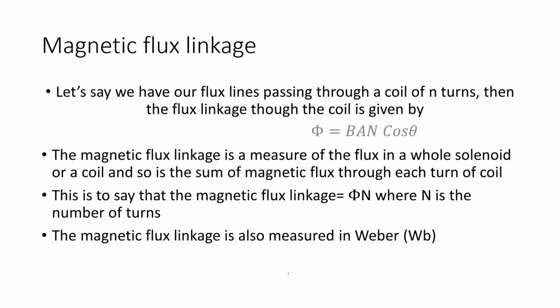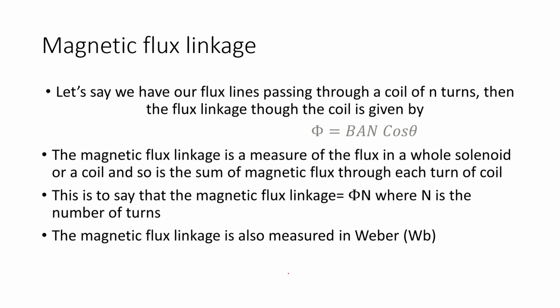Magnetic flux linkage is more associated with coils. When you talk about the solenoid and so forth, it's more associated with solenoids. Let's say we have our flux line passing through a coil of n number of turns.